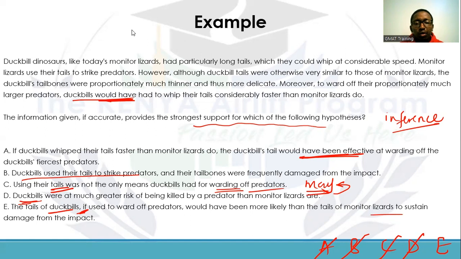We know monitor lizards' tails are much bigger, or these duckbill tails are much thinner, so they are more delicate. So if something is more delicate, it's more susceptible to damage than something that's not delicate. So this is something that we can infer directly from our passage. So we pick E as the answer.